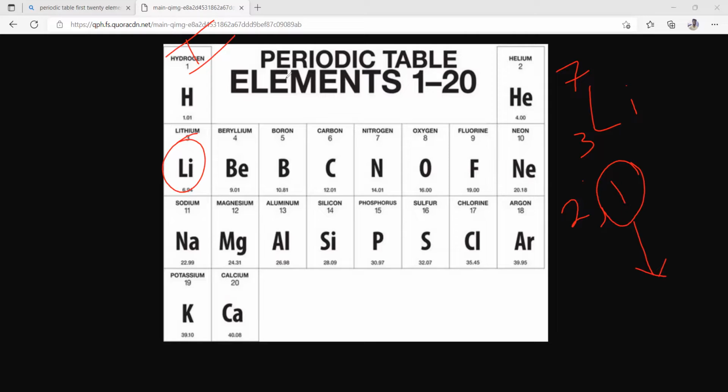The number of shells is two. So lithium belongs to the second period. So we found that lithium is in the first group and the second period.